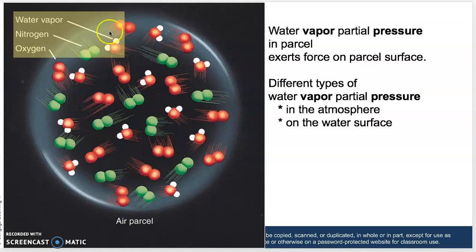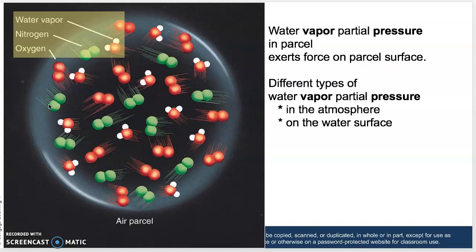And in this air mass, which has many different kinds of molecules, the water vapor is one of the types of molecules that is exerting force on the surface of the parcel, so that the water vapor has a partial pressure to the air pressure. And we call this the vapor pressure, this partial pressure.